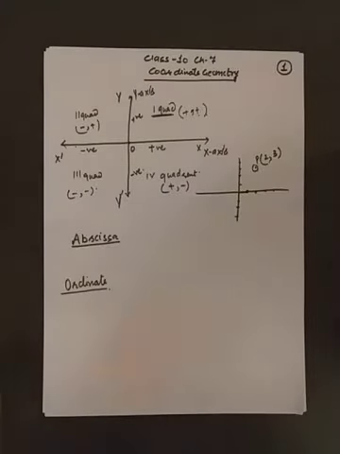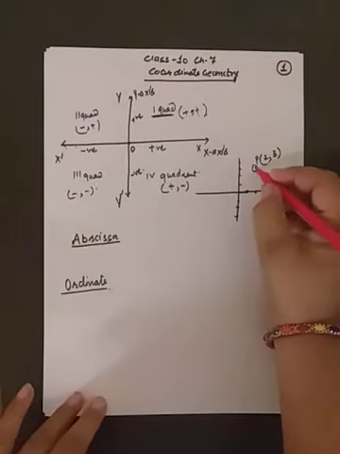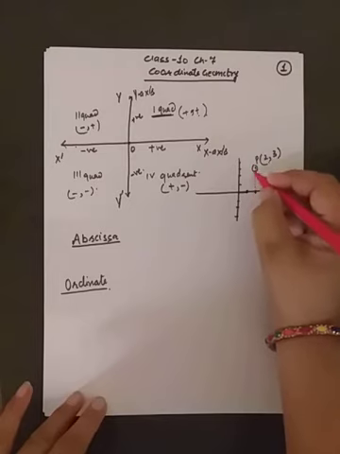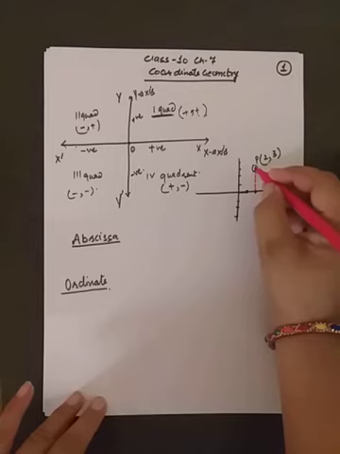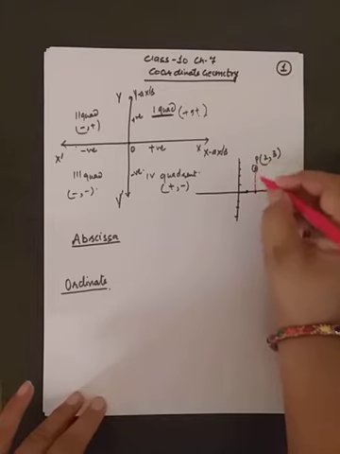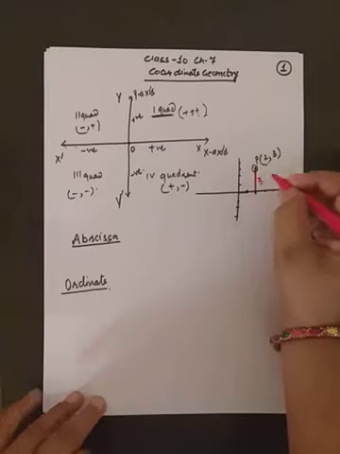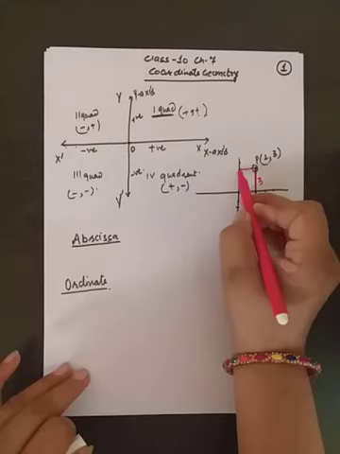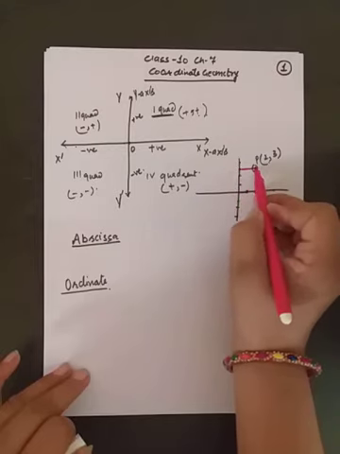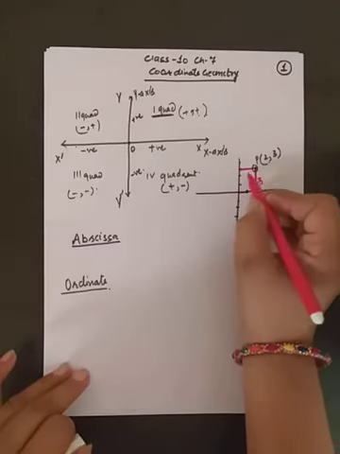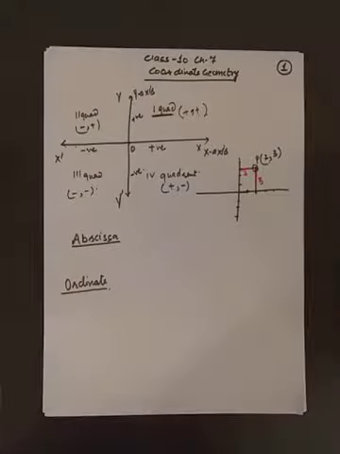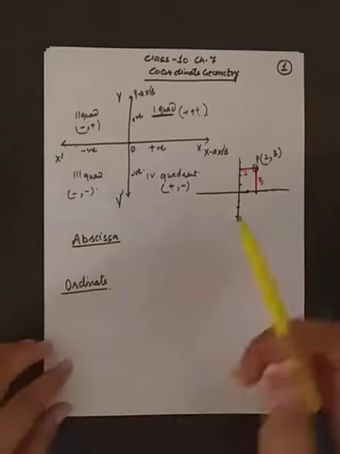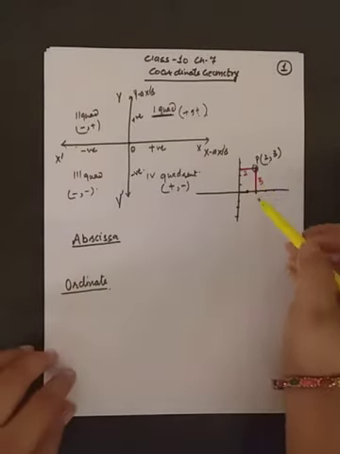Actually, the abscissa and ordinate are perpendicular distances. If I draw a perpendicular from this point on the x-axis, then this distance is 3 units. Similarly, if I draw a perpendicular on the y-axis through this point, this distance is 2 units. So 2 was our abscissa and 3 was our ordinate.